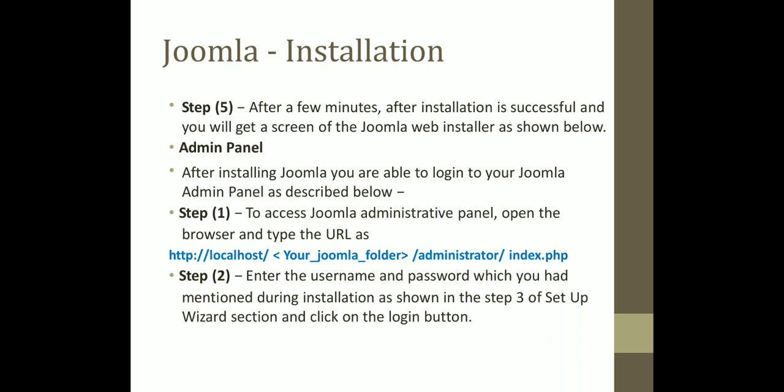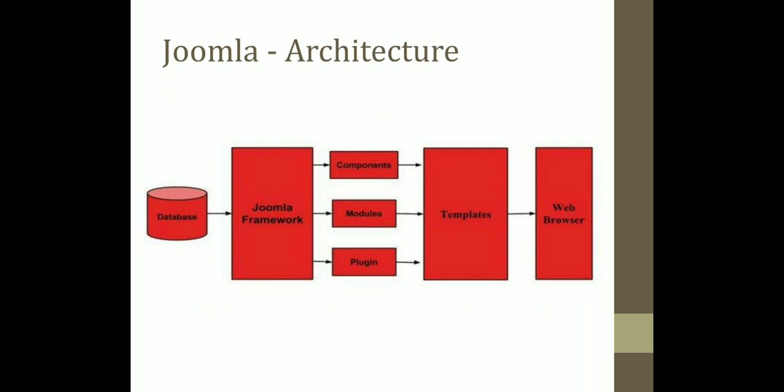Then step 2 is to enter the username and password which you had mentioned during installation, as shown in the figure in the setup wizard section, and click on the login button.